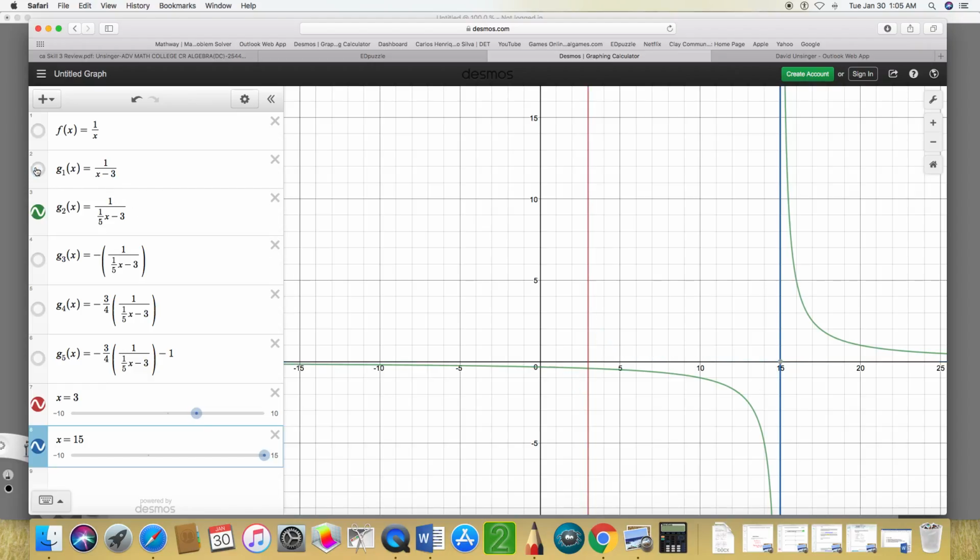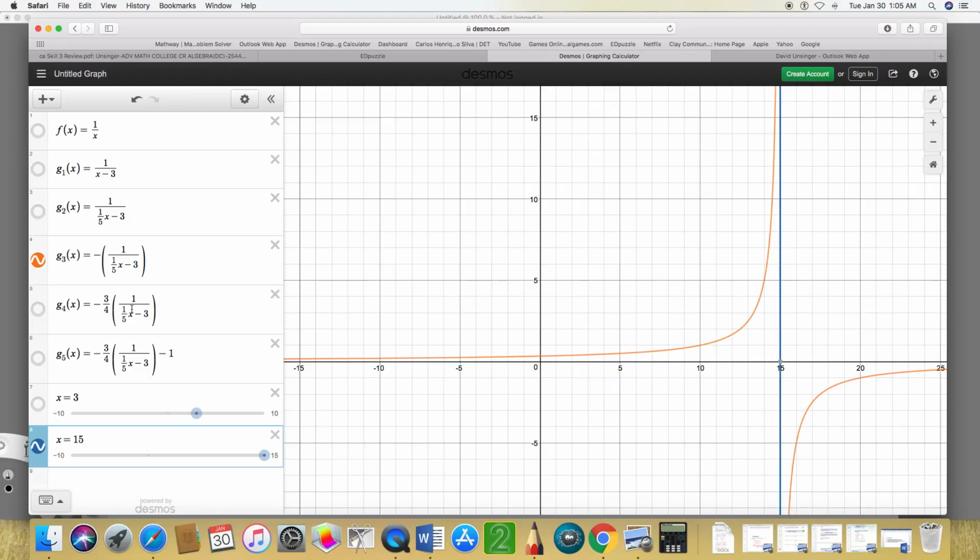So now we're working off of this function, and there's that vertical asymptote. Well, where's that going to go now? This is going to be a reflection across the x-axis, so that's not going to affect the vertical asymptote. This green line, instead of approaching that over here from the right, it's going to this one that's down below is going to flip across the x-axis. So it's like that, and then we're going to see a vertical shrink.